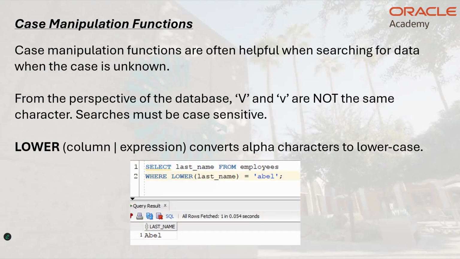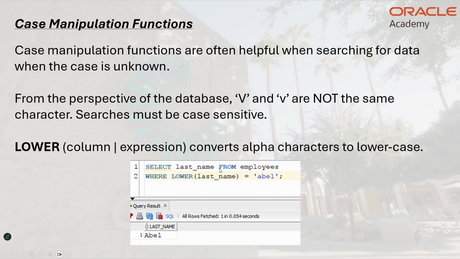So here's our first example. We're going to use the lower function. The arguments or parameters are lower, and then you have a column or an expression, and it converts alpha characters to lowercase. So no matter what's stored in that table, as you see here, if you ran a query on the last name of Abel, let me walk through the query.